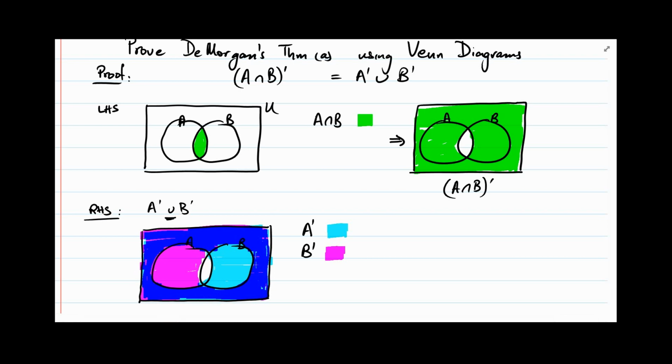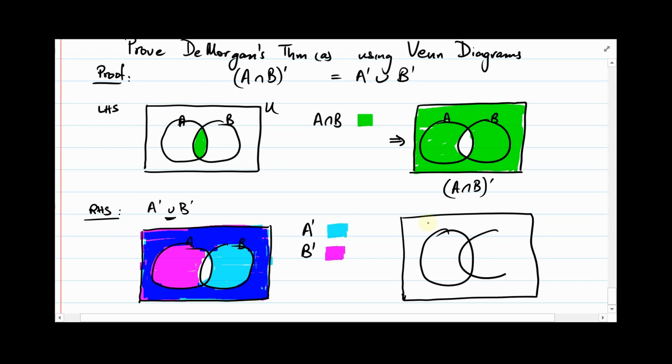If anything is present in either, then in the final solution it will be there. So if we look at set A and set B, then anything that is shaded will be in my final solution. So this is what we have.